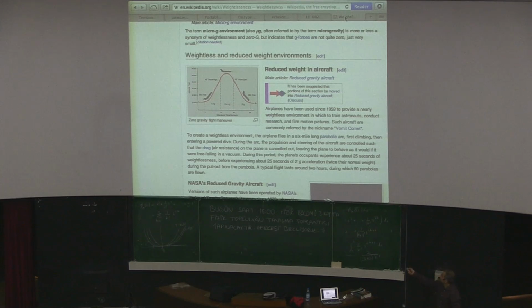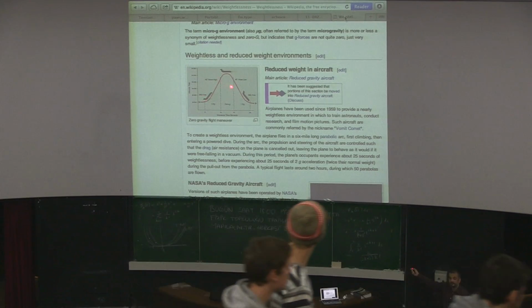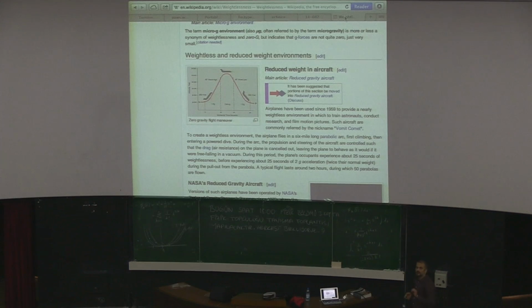So you have this, then it accelerates, then it starts to rise up. After it has risen sufficiently fast, remember a free-falling object, that is an object that is just moving freely only with the influence of the gravity, will have an acceleration given by the gravitational acceleration.